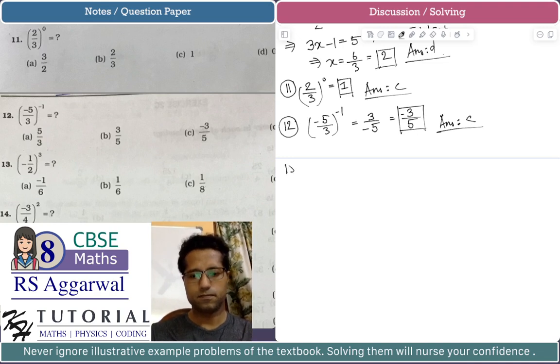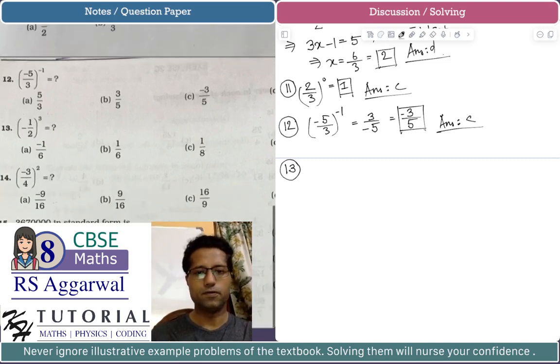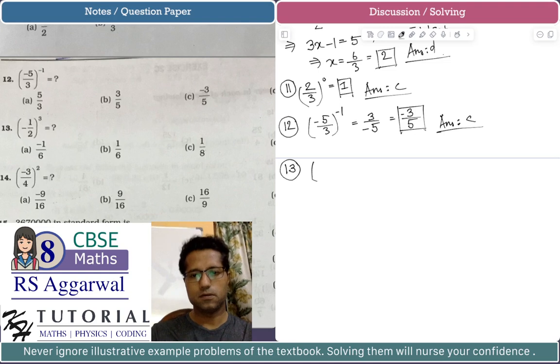Problem number 13. We have to find what is minus half raised to the power 3. Now the power is 3. We will break the exponential form into rational form.